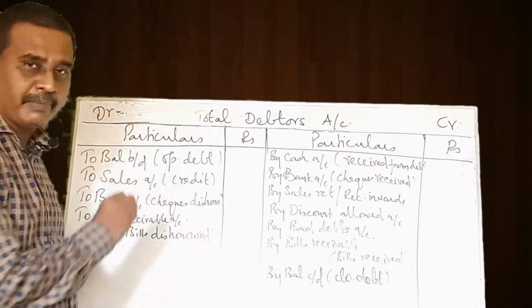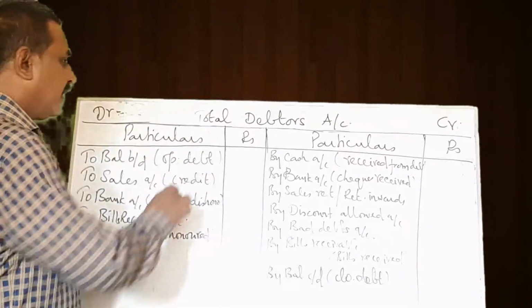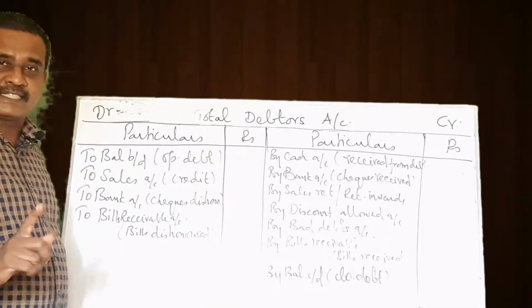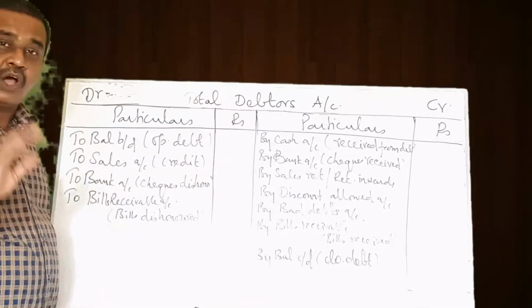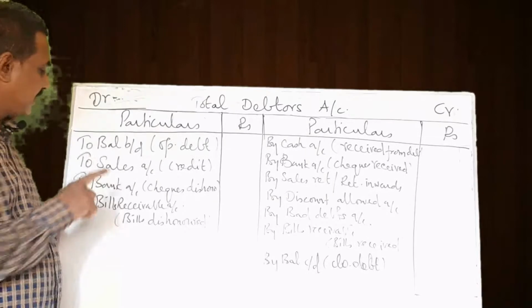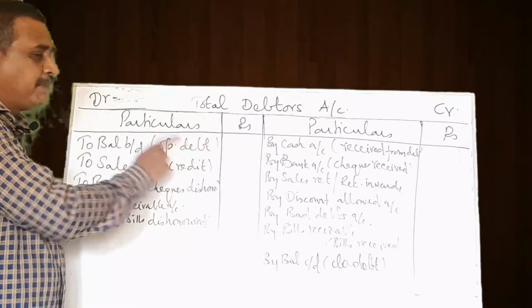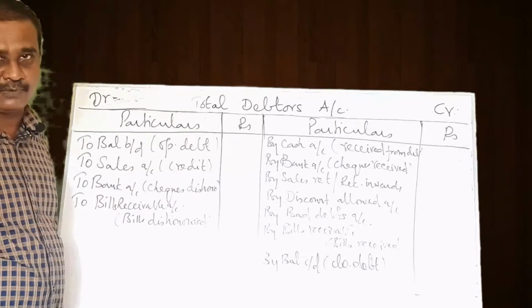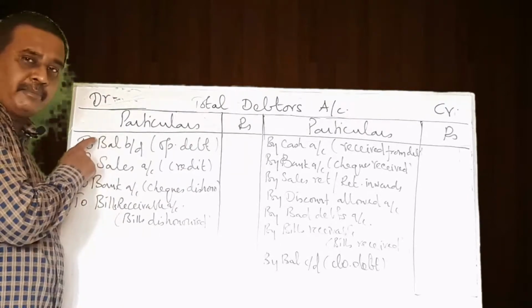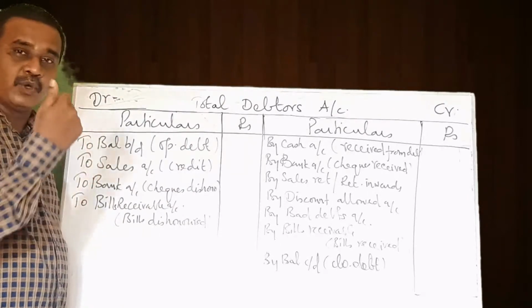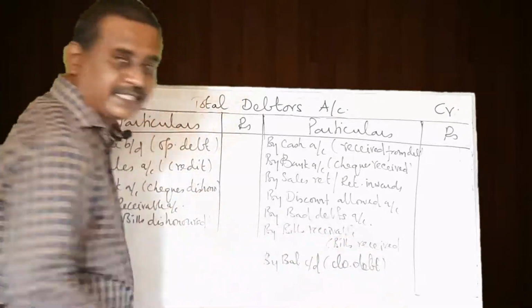Let me explain one by one. Let us go fast. Total debtors is an asset, so assets always show a debit balance. That is why the opening balance is shown on the debit side of the total debtors account. Remember, if the opening balance comes on this side, the closing balance will come on the opposite side.